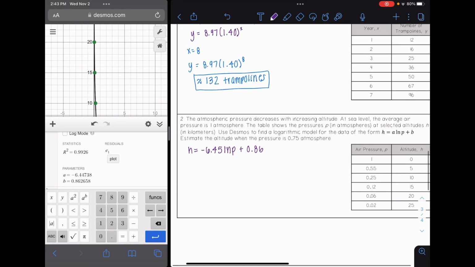And so there's my function, and then the second part says to estimate the altitude when the pressure is 0.75 atmosphere. And so 0.75, that is my air pressure, so this is saying that P is equal to 0.75. So I find that H is equal to negative 6.45 natural log of P, which is 0.75, plus 0.86.